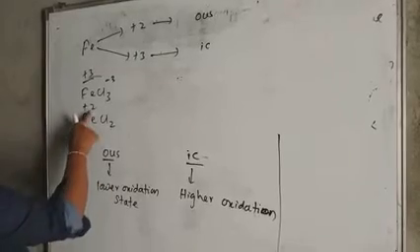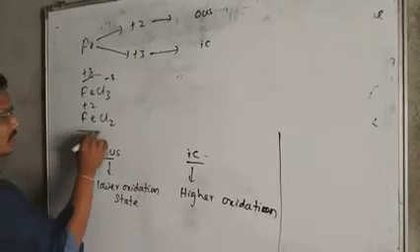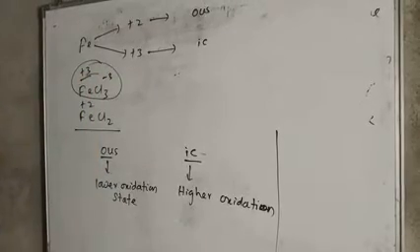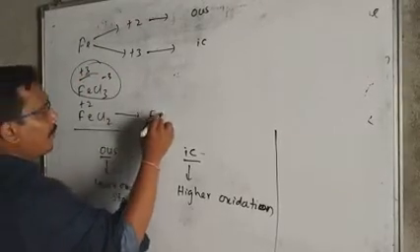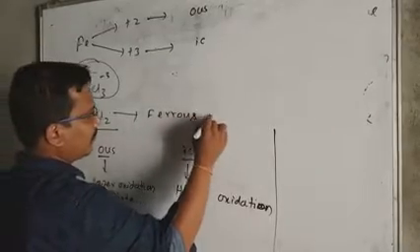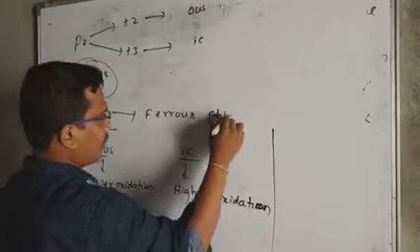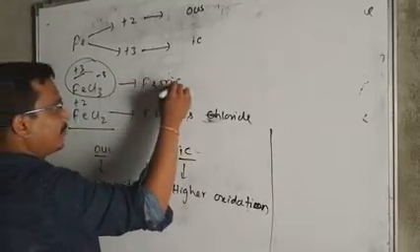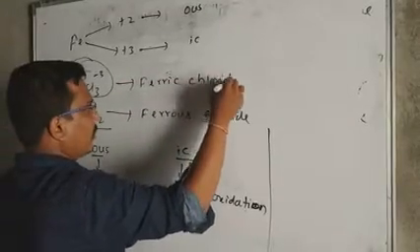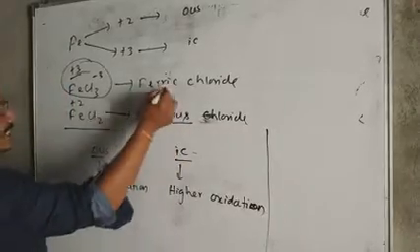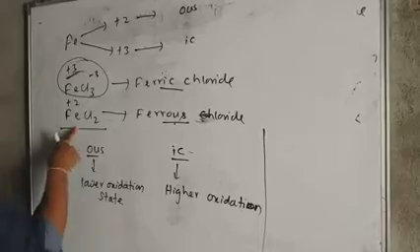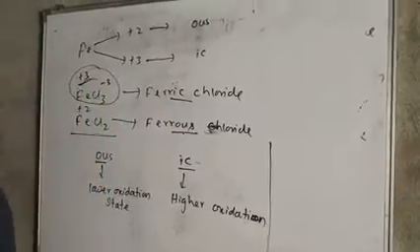The lower oxidation state is related to FeCl2, and the higher oxidation state is related to FeCl3. So FeCl2 is ferrous chloride and FeCl3 is ferric chloride. OUS represents +2 and IC represents +3, because OUS represents the lower oxidation state and IC represents the higher.